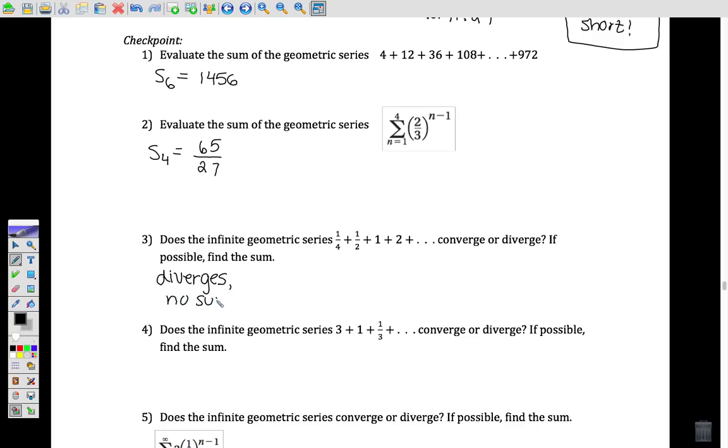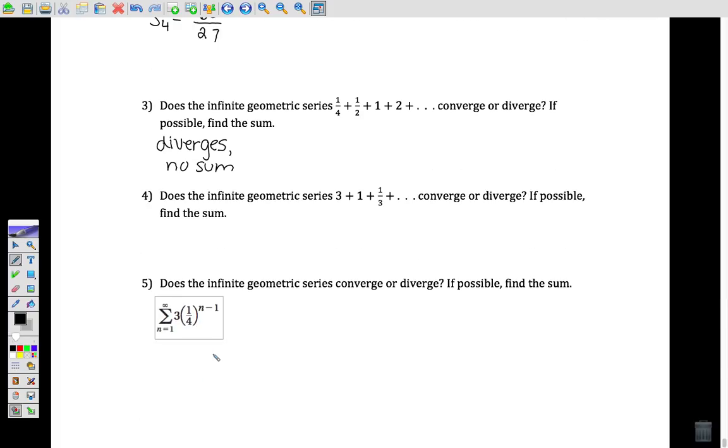There is no sum we can determine. For number 4, the sum of this infinite series is 4.5 or 9/2. And number 5, you notice this converges. It is infinite. We can find the sum. The sum comes out to be 4.